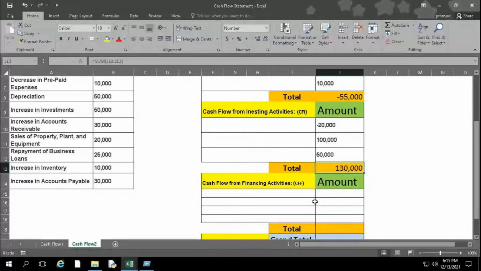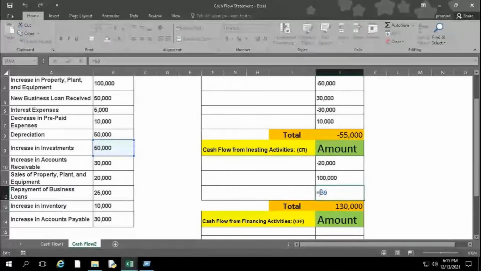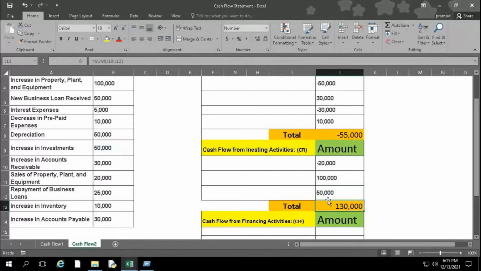Increase in investment, 25. It will be positive, sir. Means when you are investing 50,000, I'll give it as positive only when it comes to the cash flow. So 20,000 we will get minus, because of returns, no, sir.